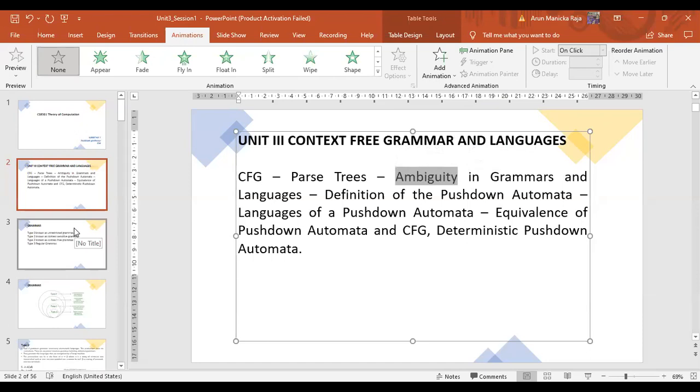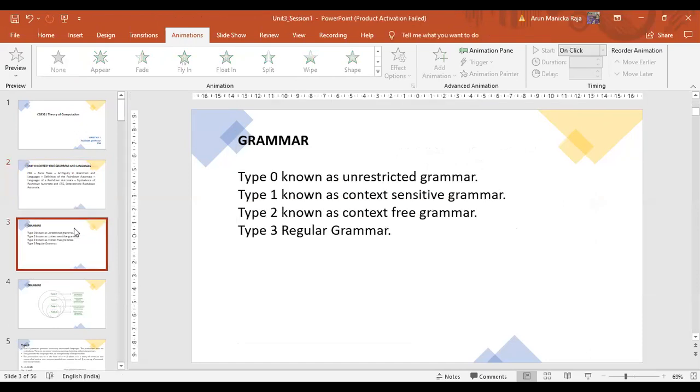First, we are going to see about grammars. Here we have 4 types of grammars: type 0, 1, 2, and 3. Type 0 grammar is known as unrestricted grammar. There are no rules in type 0. The grammar may be in any form.